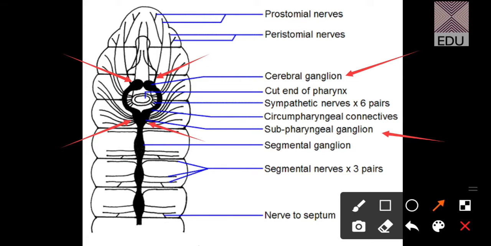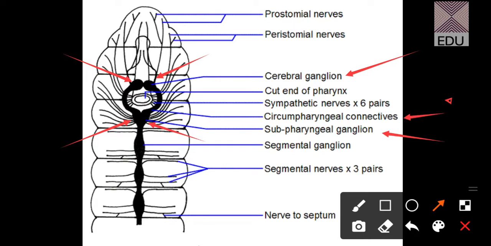Now why are they called subpharyngeal? Sub means below. These are present below the pharynx region. And one thing is very important: this particular ring of the central nervous system is present around the esophagus. So this ring is surrounding the esophagus. These four ganglia are joined together with two connectives, called the circumpharyngeal connectives.